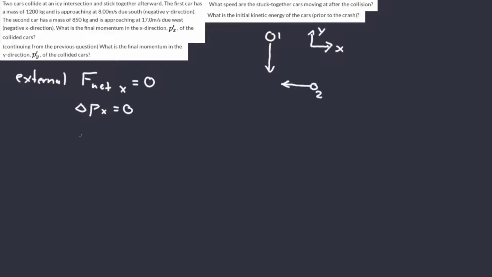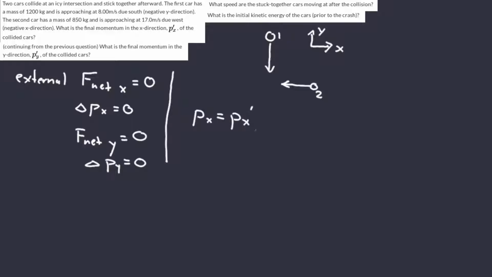And similarly, for the y direction, if net force in y is equal to 0, then delta py is equal to 0. So using this conservation, if we need to find px prime, we know that px initial is equal to px prime, or px final. So we just need to find the initial momentum in the x direction.